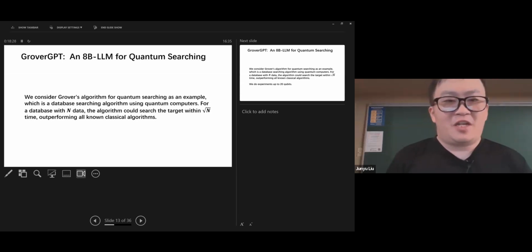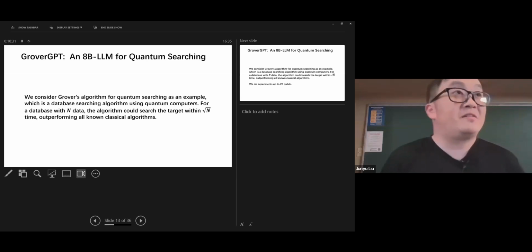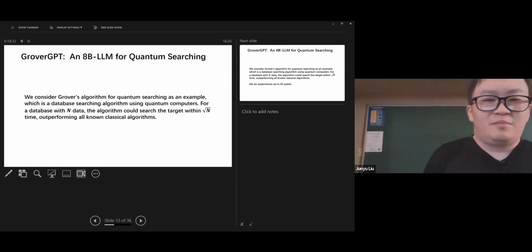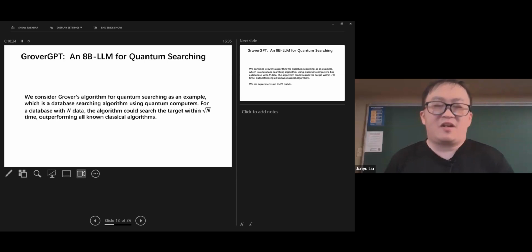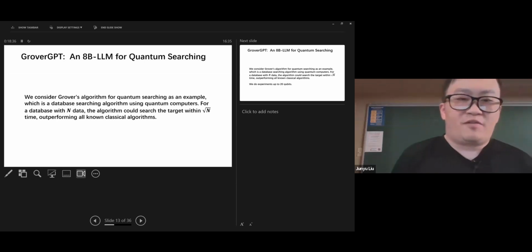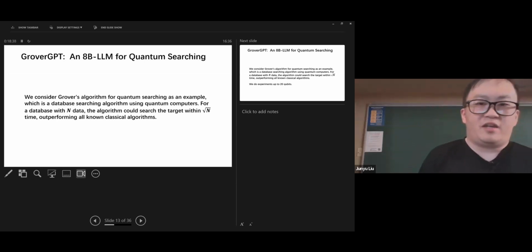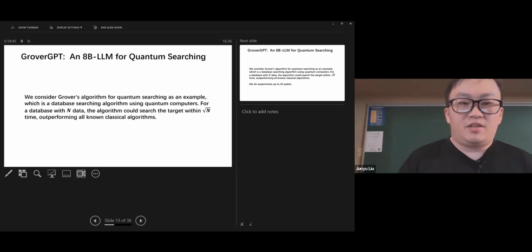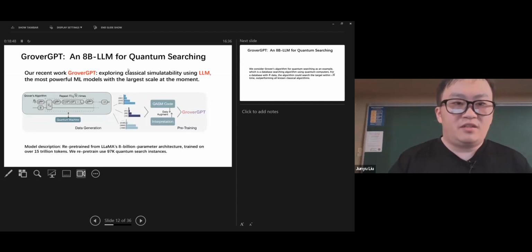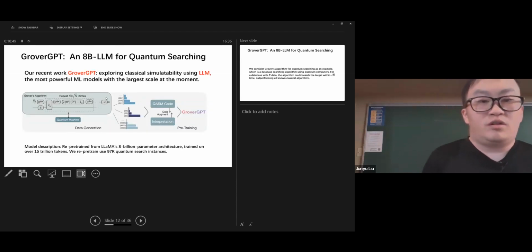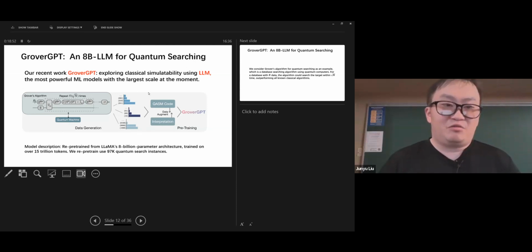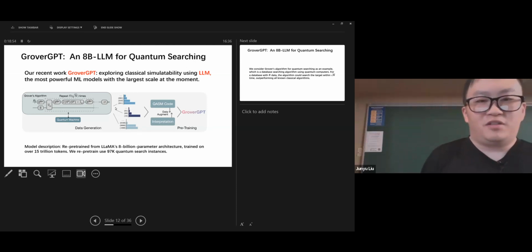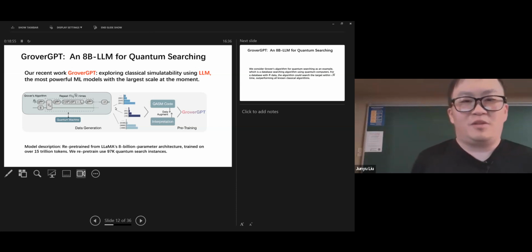However, we need to remember that this definition is a little subtle about its quantum advantage, because its advantage basically comes from the number of queries to the oracle, and the oracle can actually search faster. So in this sense, if we just directly submit this kind of circuit to a real quantum computer and ask it to just run, it by itself does not show quantum advantage.